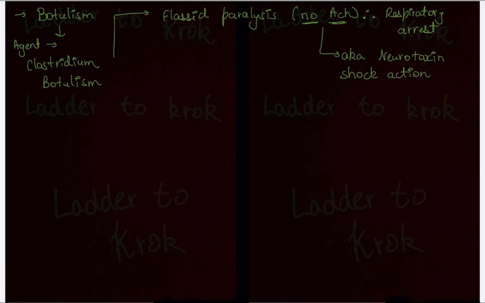Next, it is usually present in canned food, the food that you eat in cans. It is tennis-racket shaped, gram positive and spore forming.